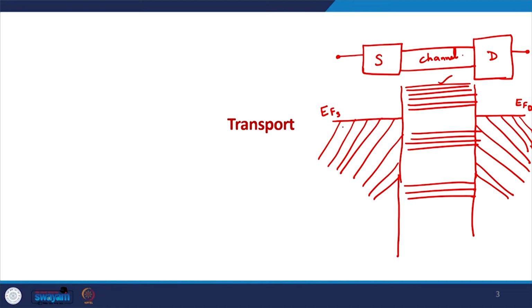Now if a voltage is applied, for example, if a positive voltage is applied on the drain terminal, a positive voltage difference across source and drain, with drain being at high potential, in that case this EFD level would go down, because the potential energy of the electrons is reduced in a positive potential.